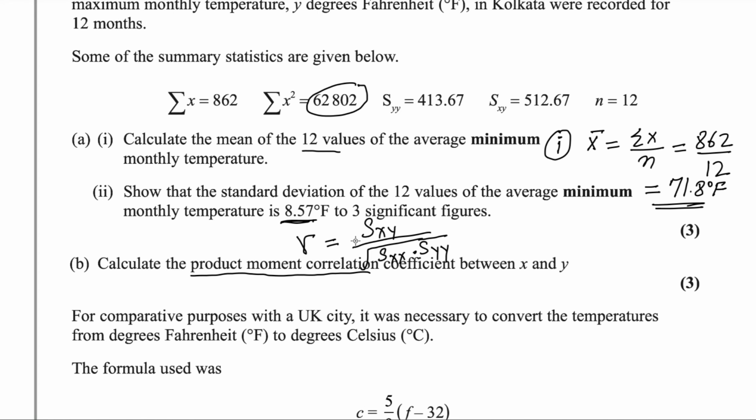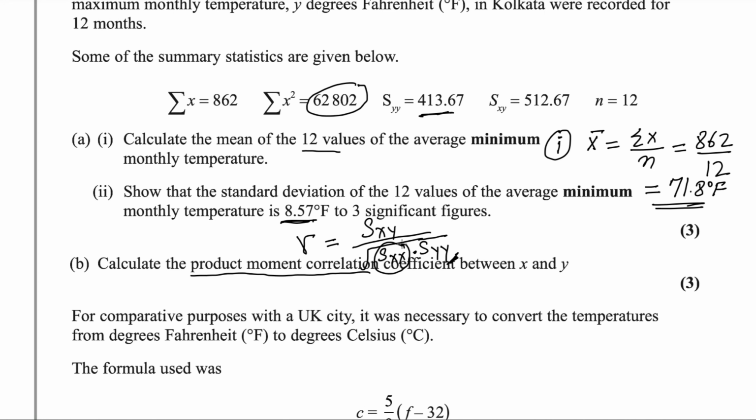So this is the formula to find the product moment correlation coefficient. Let's see what values are given here. In the given data, Syy is given and Sxy is given, but Sxx is not given. So you need to find this value first of all.